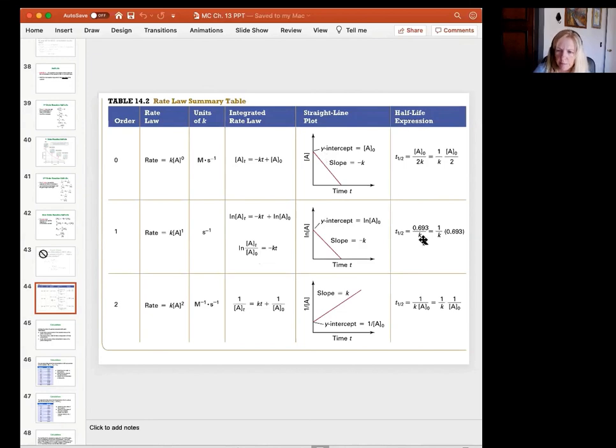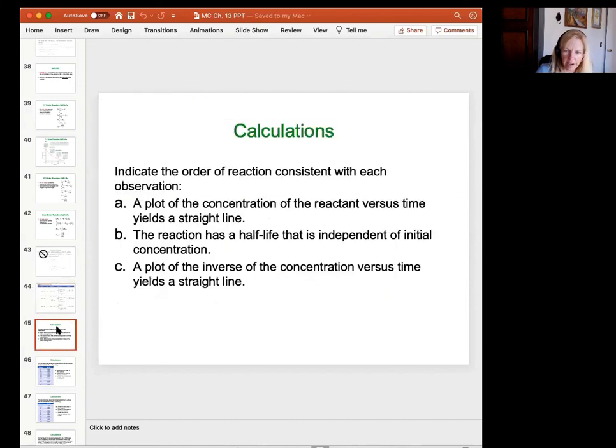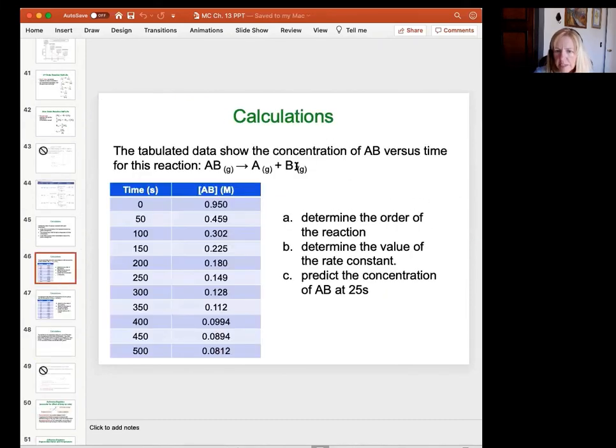And now we have something called half-lives. Half-life is the amount of time that it takes for the concentration of your reactant to drop by half. So if I look at this data here, and I want to think about half-lives, if this is my initial concentration of my reactant AB, I might look down here and see if I can find something that has dropped by half.